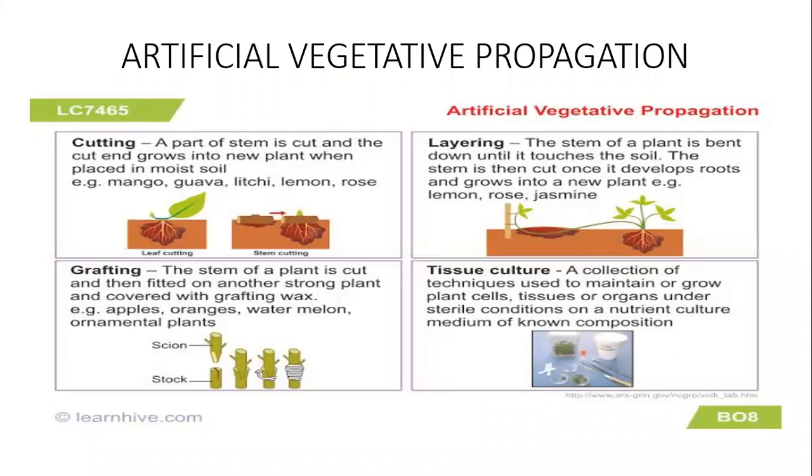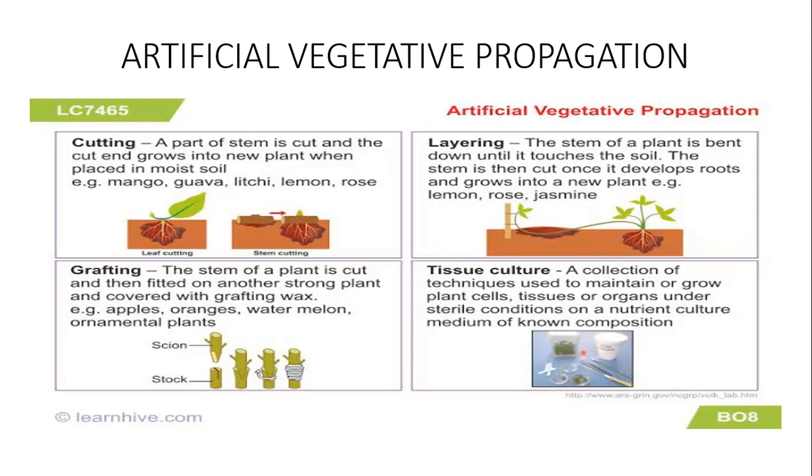Now, let us learn about the artificial vegetative propagation. Some new plants are developed vegetatively by human beings to improve the variety of plants. Such vegetative propagation is called artificial vegetative propagation, done by cutting, grafting, and layering.